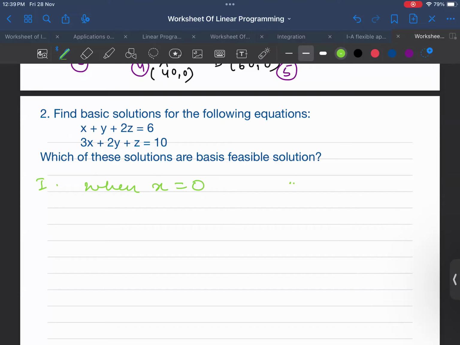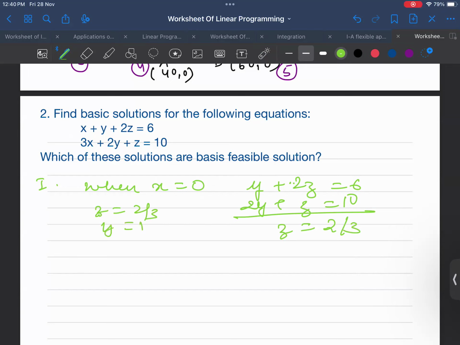If we keep x as 0, then we can solve for the rest of the two equations. It will become y plus 2z equals 6. It will become 2y plus z equals 10. Solve them. You will get the value of z equals 2 upon 3 and y equals 14 upon 3. That would be one case.